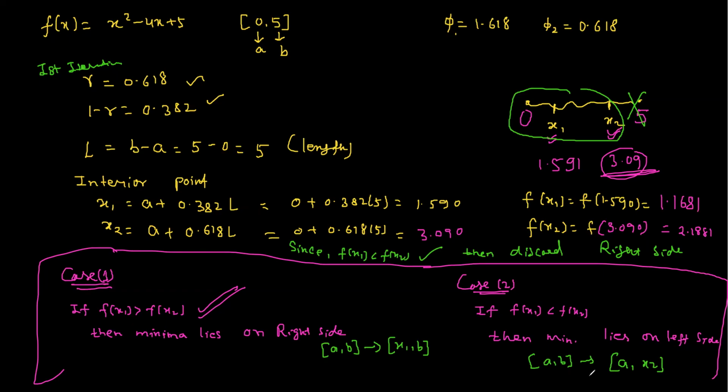A to x2, I write here. Right? A to x2 means now you have to check in this interval 0 to 3.09. Understood? Yes. In the second iteration, can we move? Yes, you can write some important points. This is important. Then I tell you the second iteration.